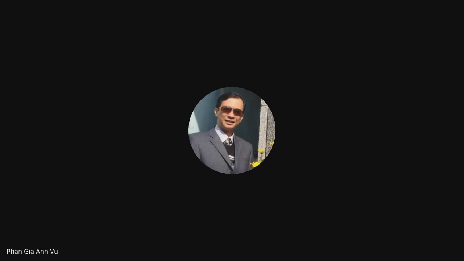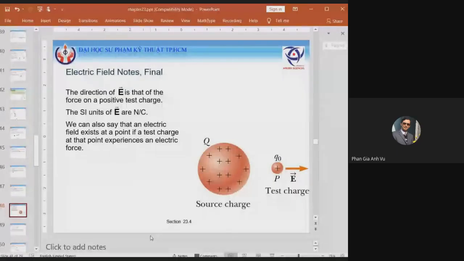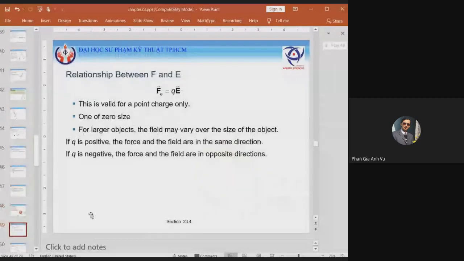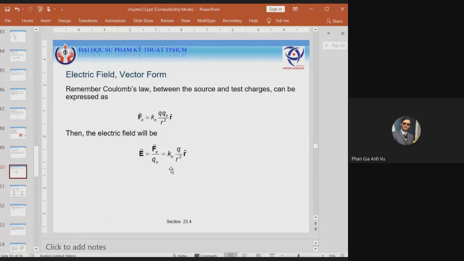Okay, let's come back to the presentation. Whenever we have the field E, the force that acts on the charge Q will be QE. So when we have any charge configuration, we can easily find E. This is for a single charge.